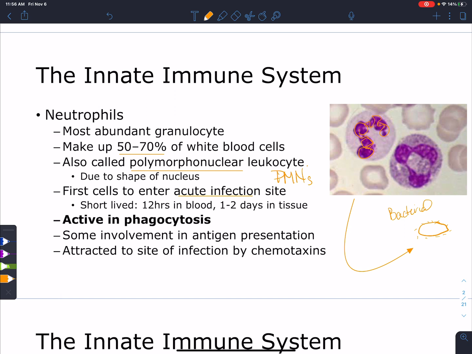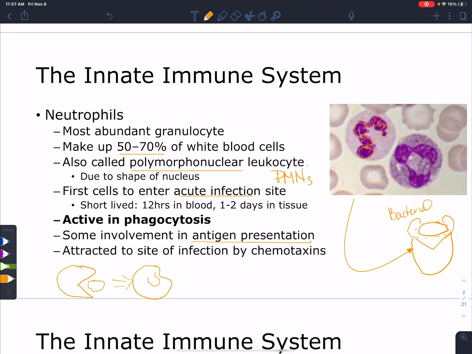They are active in phagocytosis, and if you remember what phagocytosis is, these guys will come along, and I like to think of that as Pac-Man, phagocytizing and eating that, digesting it. Some involvement in antigen presentation. So what that means is as it comes along, as it Pac-Mans it, it engulfs it. Then our next step, it's totally engulfed.